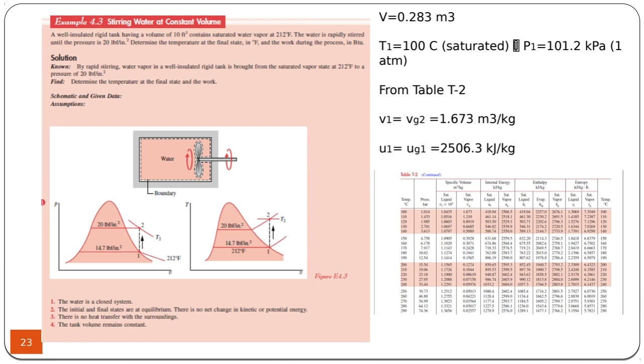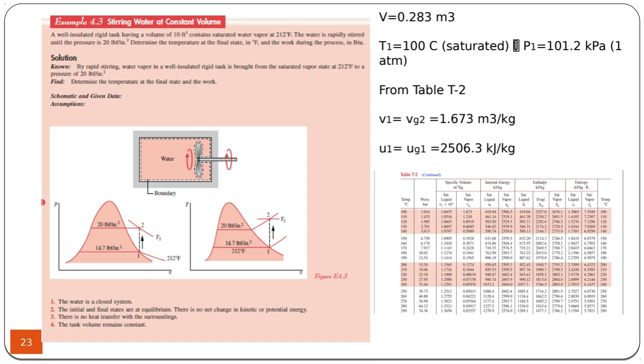Then the saturated vapor is stirred with a paddle. So by stirring with a paddle, it means that we add energy by work. Remember, energy can be transferred into a closed system by either heat or work. So this time, work is added as energy into the system.